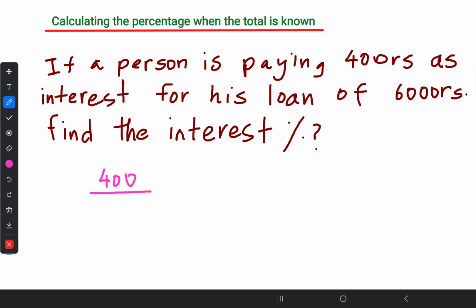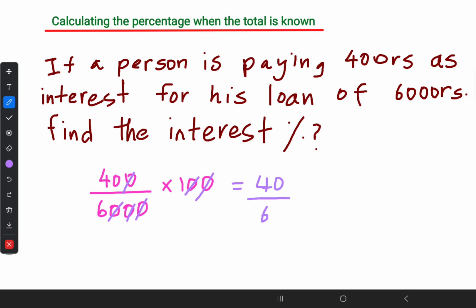The total amount of loan he obtained is 6000. This is the first thing you should do: express the interest as a fraction. Then multiply this fraction with 100 to get the corresponding percentage. Simplify this. Then you will have 40 divided by 6.